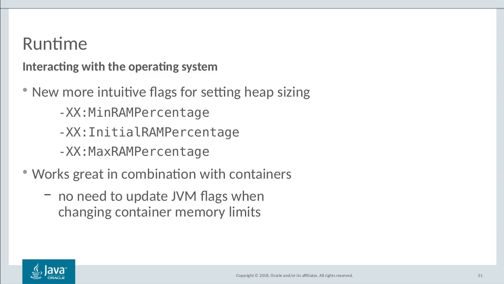This works great in combination with containers because there's no need to update these JVM flags when you are changing the container memory limits. If you decide to increase or decrease how much memory should be available to a particular container with a JVM running inside of it, the flags will still use the correct percentage of available RAM for setting up the heap.